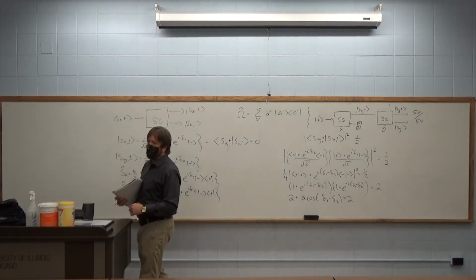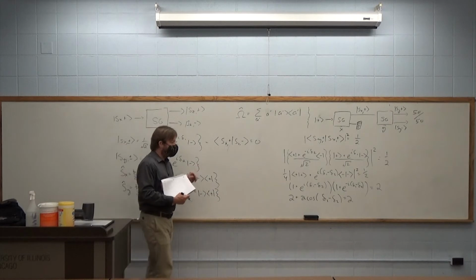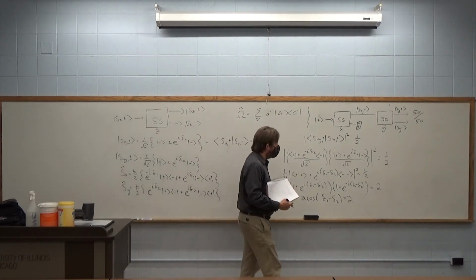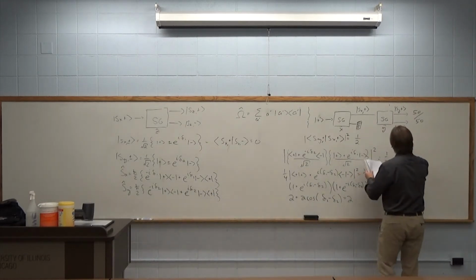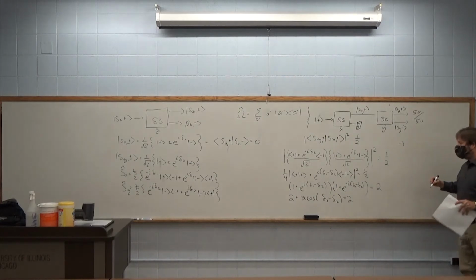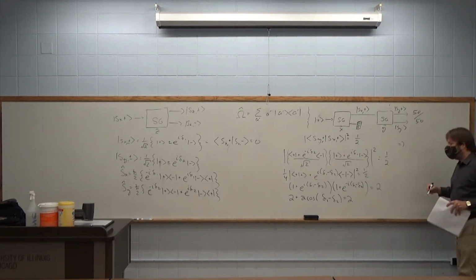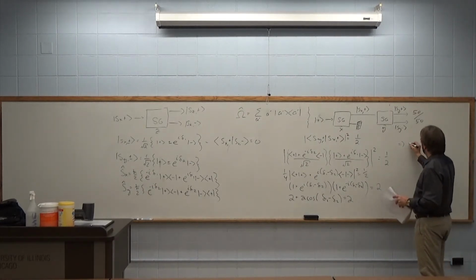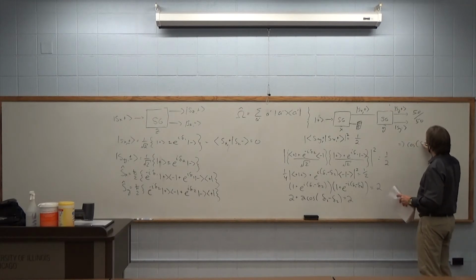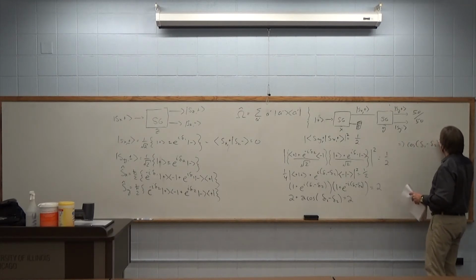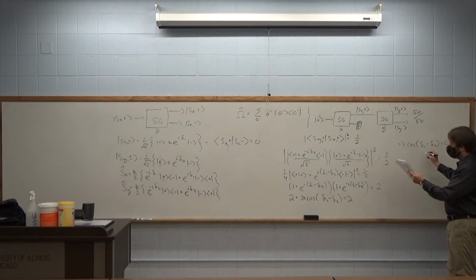That's 2 cos. So I did some algebra ahead of time. Now therefore, 2 plus 2 cos equals 2. So 2 cos, that delta better be 0. That can only be true if this is pi halves.